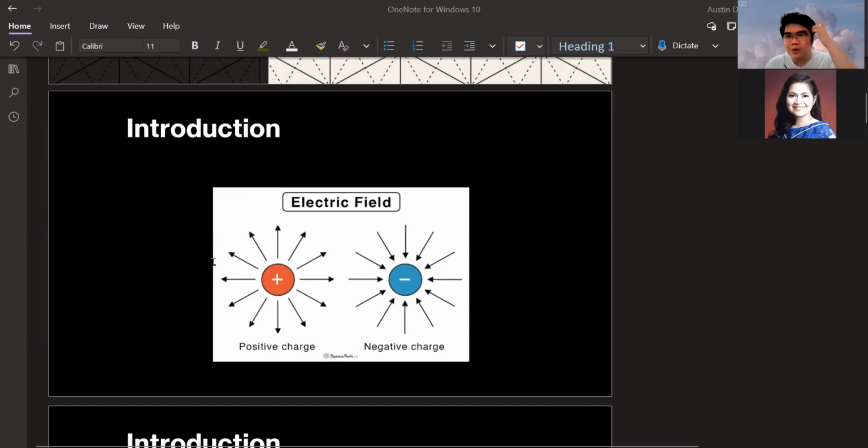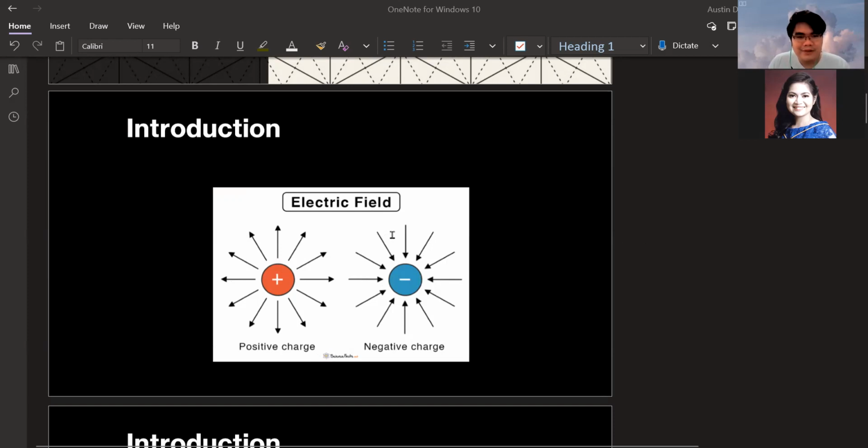Para lang nag-glow tong positive charge mo. Tapos pwede mo rin isipin na black holes yung negative charge kasi it absorbs light. It absorbs the field lines. So pwede mo imagine na ganun. But in reality, field lines are just mathematical objects.